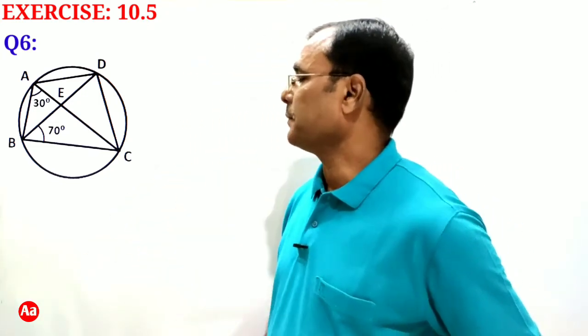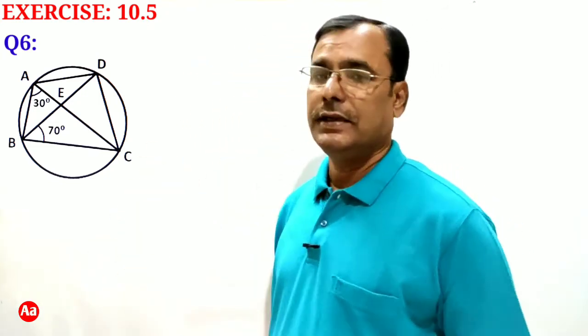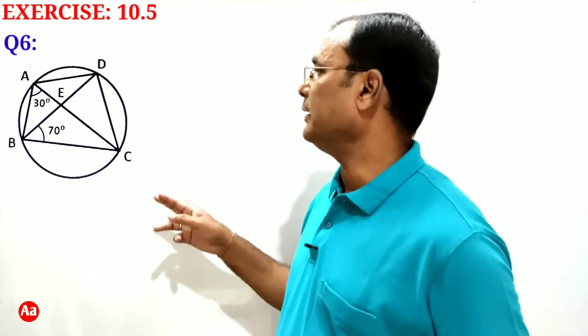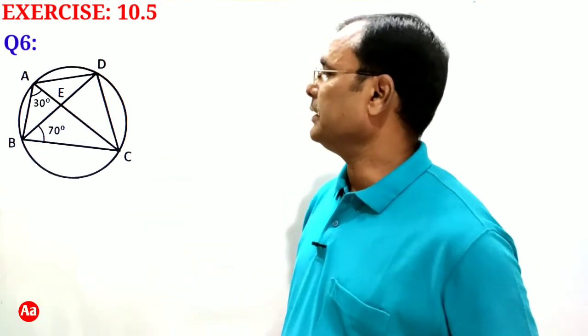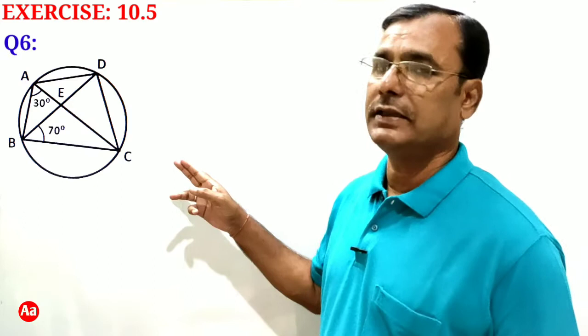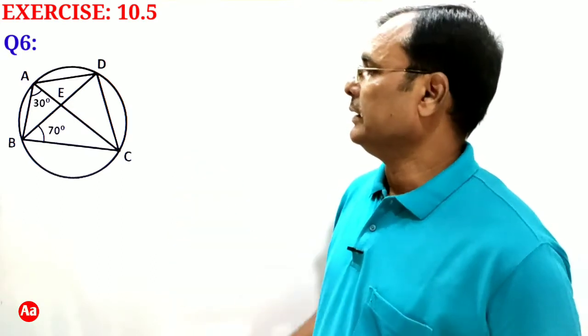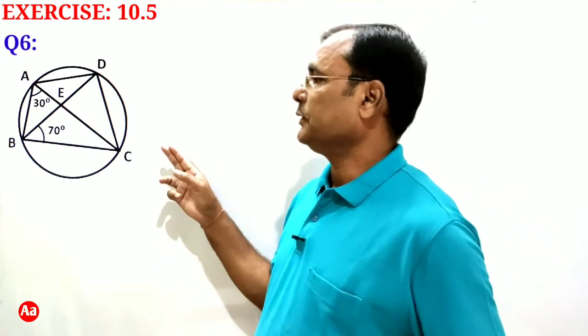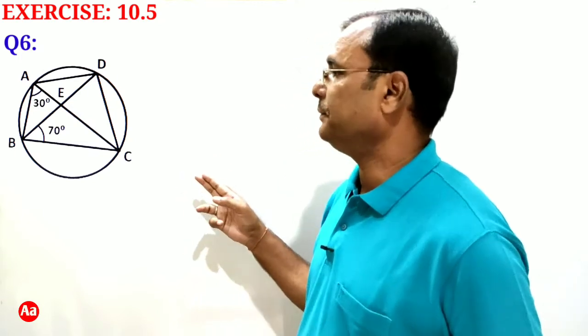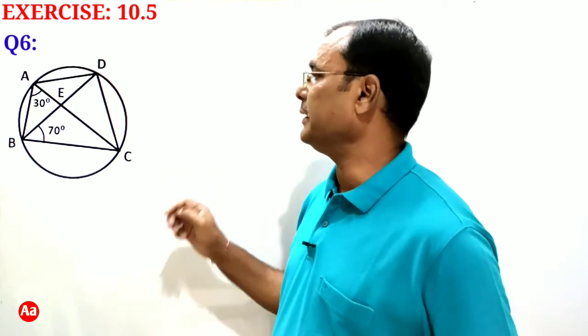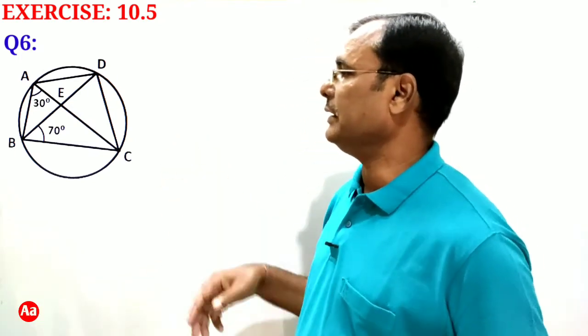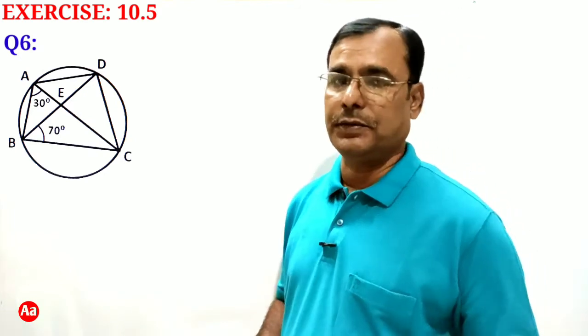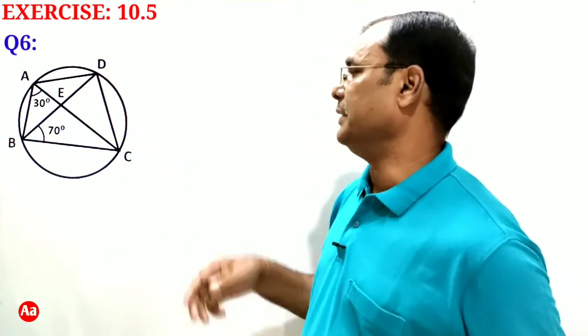In this figure, ABCD is a cyclic quadrilateral and diagonals AC and BD of the cyclic quadrilateral intersect at point E. Two angles are given, angle DBC 70 degrees, angle BAC 30 degrees, and we have to find angle BCD.